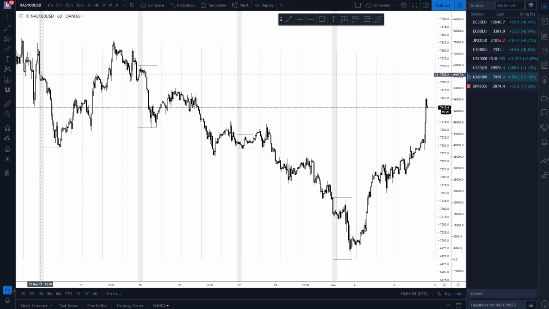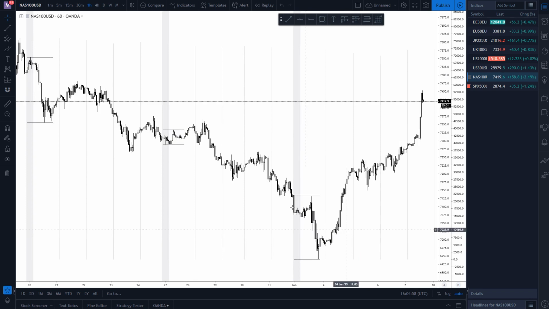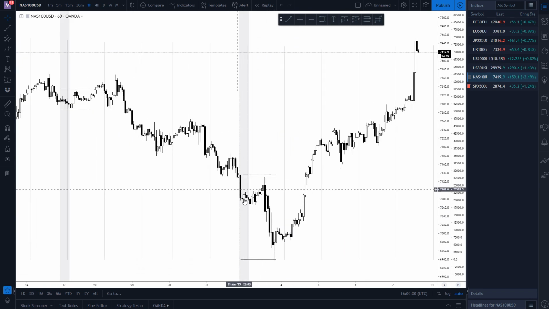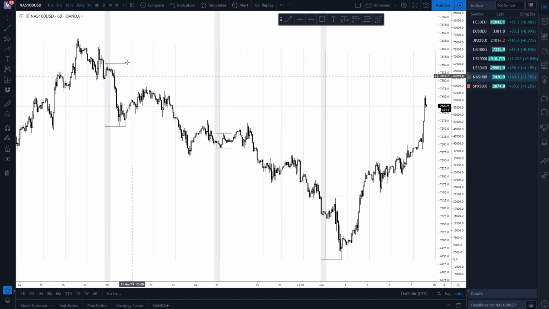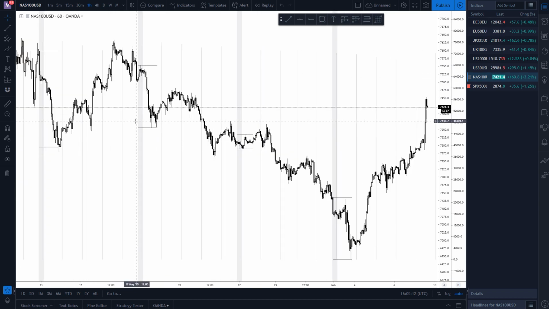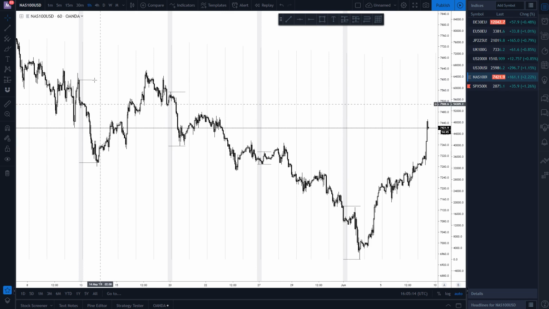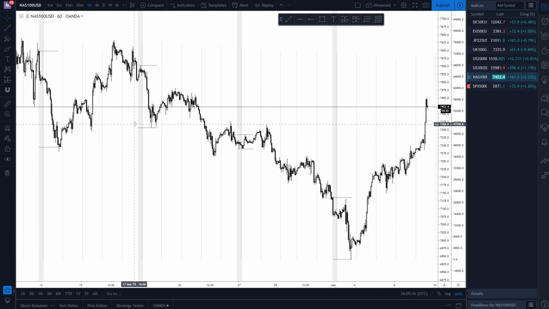Even if you're trading indices, I generally use the weekend open more as an area, because obviously we have different openings on the CFD than in the more traditional market. But the Monday range can work great here.